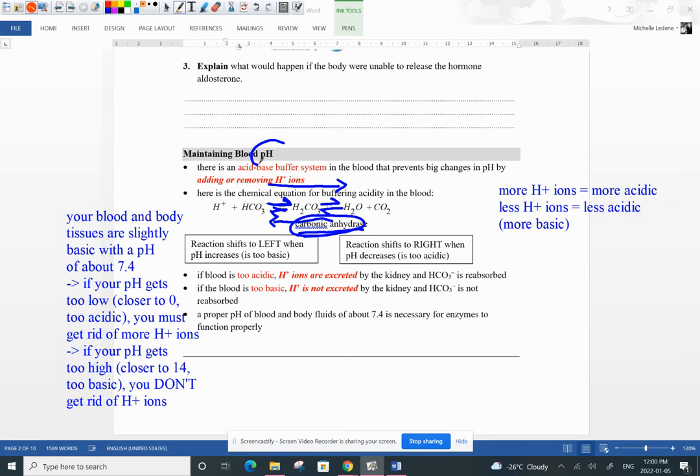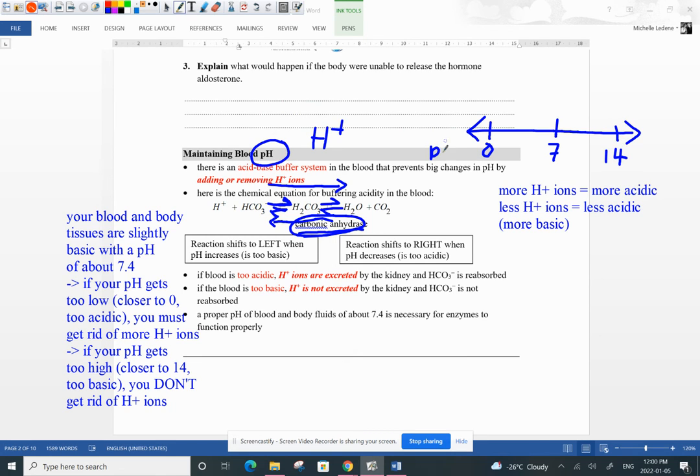So when we talk about blood pH, pH stands for the power of hydrogen. So it's all about the hydrogen ion concentration. You all remember from Science 10 the pH scale. 7 in the middle is neutral, and the scale goes from 0 down at the bottom up to 14.